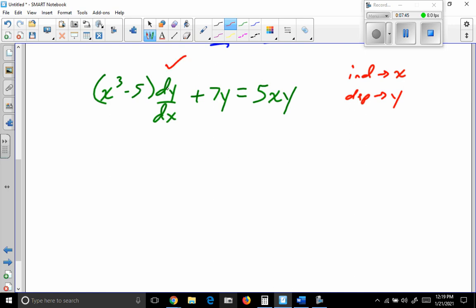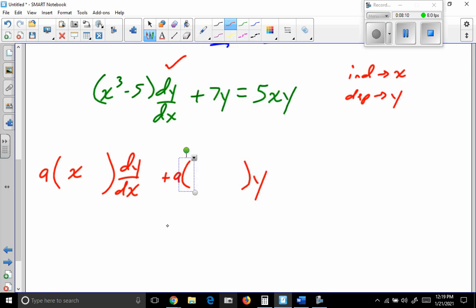We have to have our dependent variable term. So let's just write this out generically. We're going to have dy/dx. We can have a coefficient as long as it's a function of the independent variable. Then we can have a y term, and it can have a coefficient, and it doesn't matter what that coefficient is as long as it's a function of the independent variable.